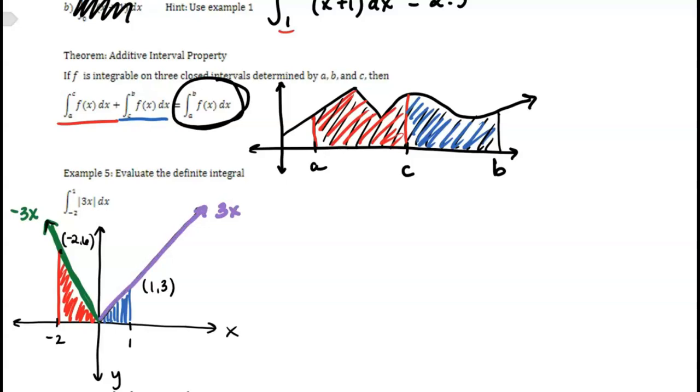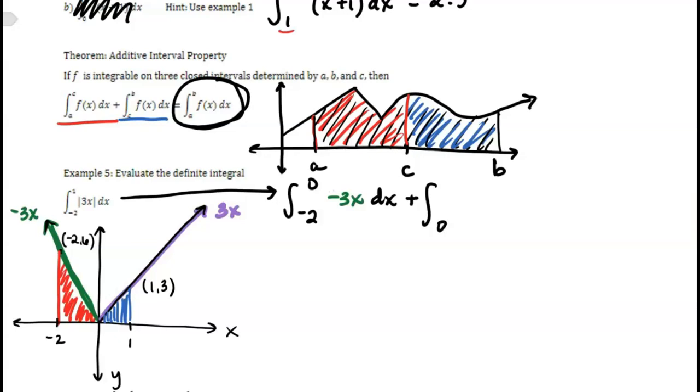So if we wanted this integral from -3x to +3x, I just want to point out that this is the exact same thing as integrating from -2 to 0 over the first half, which is -3x, and then adding that to the integral from 0 to 1 of the second half, which is +3x dx.